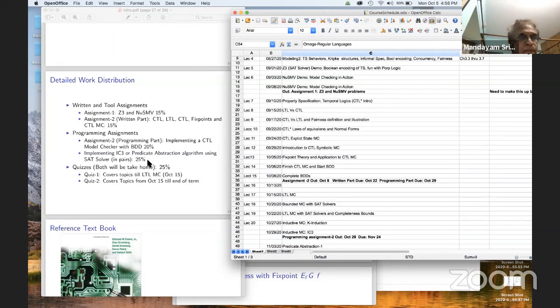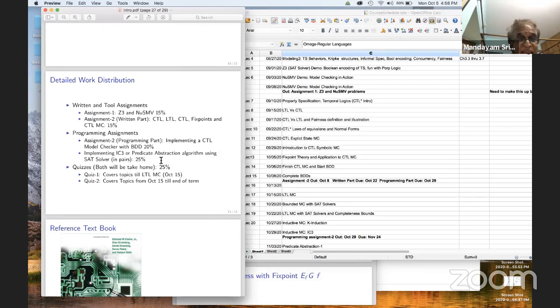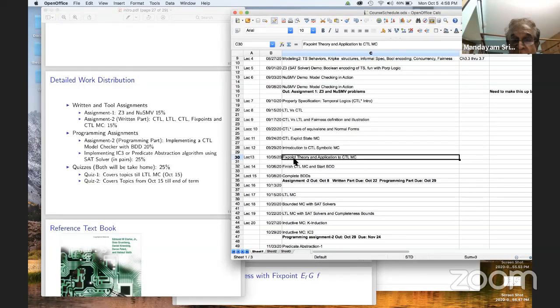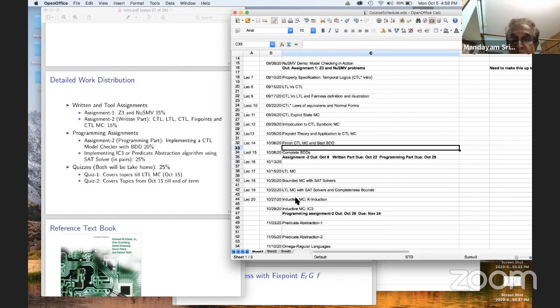Now, there will be a second part. I had told you that I plan to have either regular exams, or one of the quizzes may be a programming assignment. Here you see inductive model checking: there's K-induction, IC3, and predicate abstraction.